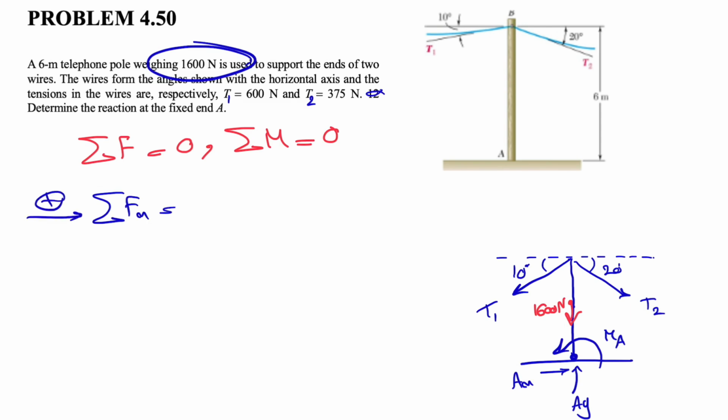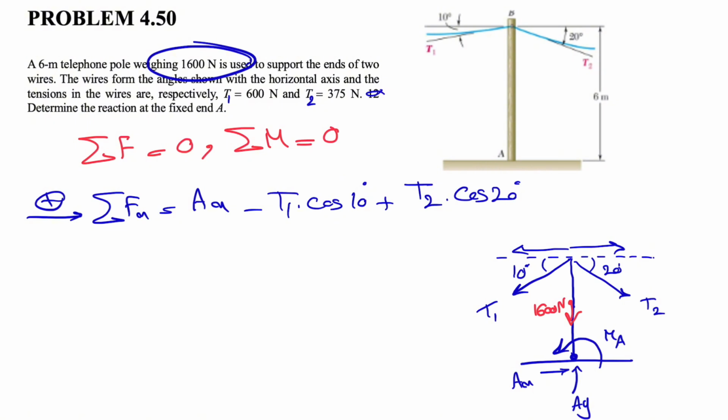What we have in Fx is Ax. We have the x component of T1, which is negative, so it will be this force. So it will be minus T1 cosine of 10 degrees, and we have the x component of T2, which is this force, so it is positive T2 times cosine of 20 degrees. Great, we have everything in x direction.